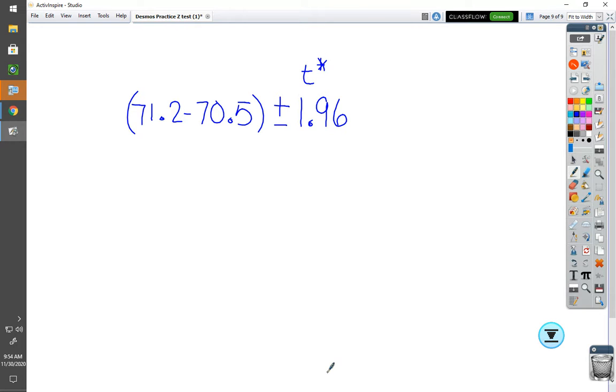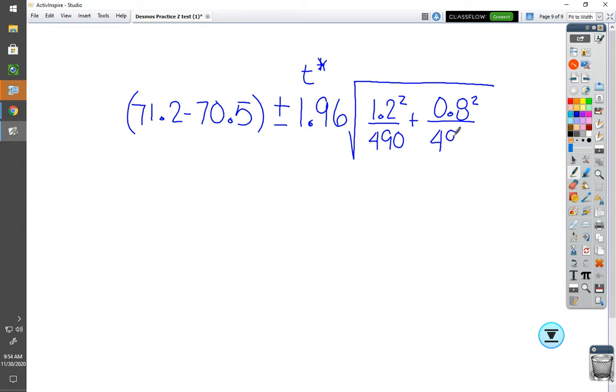You're not expected to calculate the t-star value. And I gave this at a 95%, which is 1.96. We then multiply that times the first standard deviation squared divided by the set of n plus the second standard deviation squared divided again by the set of n.